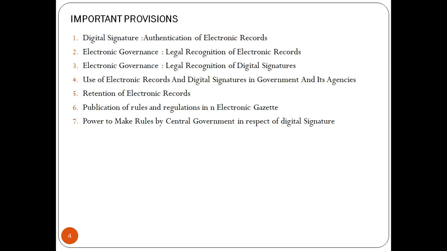Generally, four basic models of e-governance are available, namely government to citizen, meaning a customer. Next, second one, government to employees. Third one, government to government. And the last one is government to business. So these four basic models of e-governance are available.